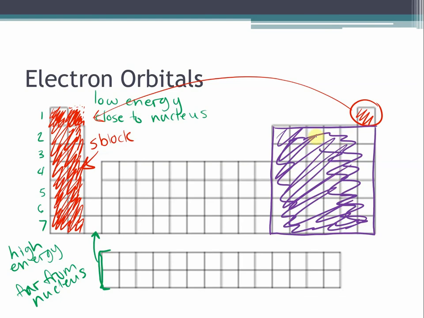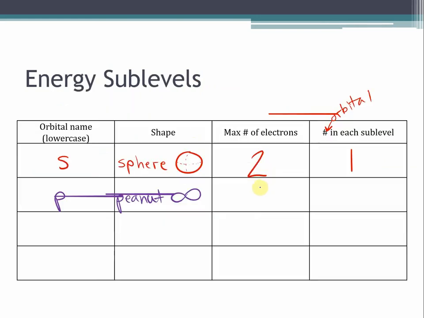If we count in each row of the table, there's 1, 2, 3, 4, 5, 6 boxes in the p block. So in each main energy level, there are 6 electrons in p orbitals, and they can hold a maximum of 6 electrons.